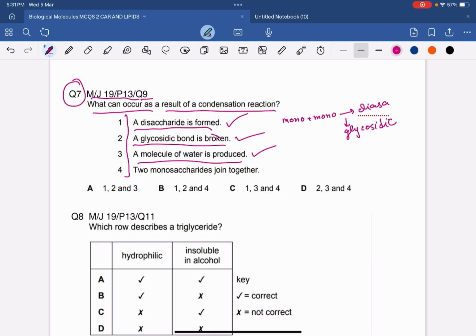So it is not broken, basically it is formed, right? Sorry, I misread the statement. Statement 4 is saying that 2 monosaccharides join together in the condensation reaction. Yes, I already told you guys that 2 monosaccharides join together to form a disaccharide. Hence, the correct answer for this MCQ must be option C, 1, 3 and 4. These 4 statements are correct regarding the condensation reaction.